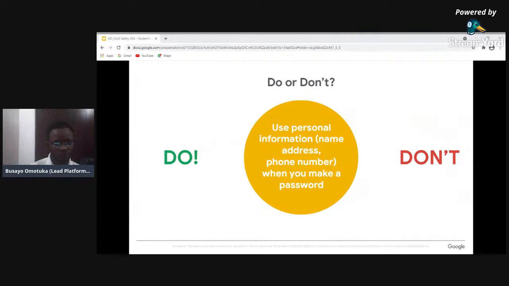The second question says, use personal information, name, address, phone number when you make a password. Yes, this actually is don't. So you don't use your personal information to create a password. So let's go to the next slide.